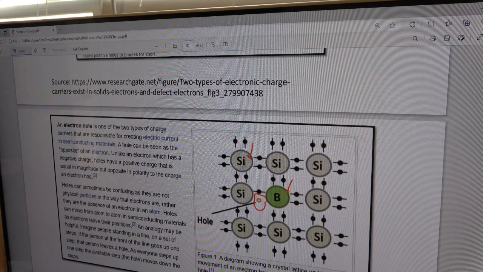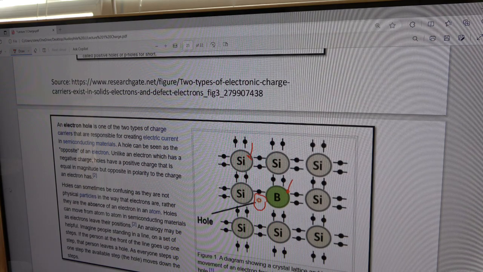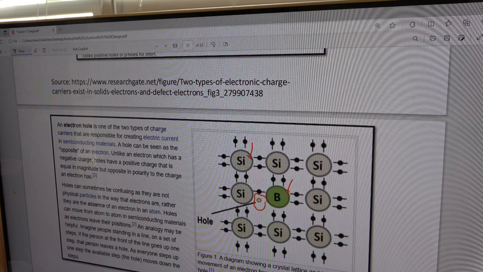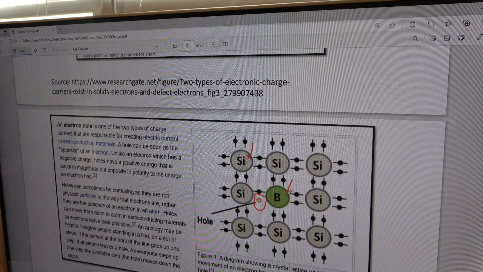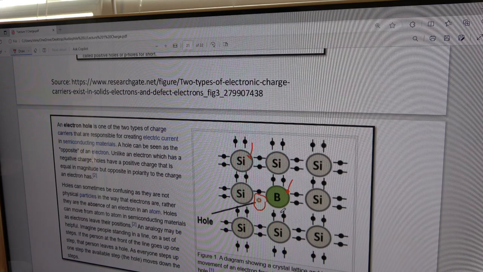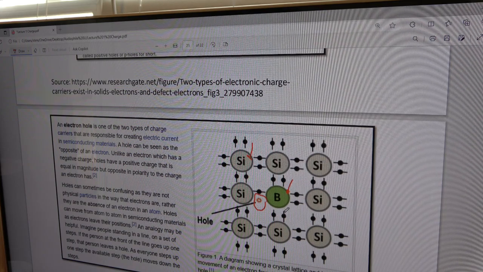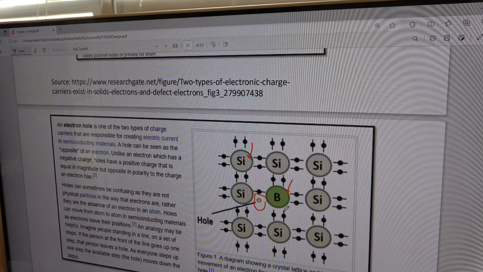So remember, with copper, we had this valence electron, this extra electron hanging out, waiting to be popped off. But in this matrix of atoms, because of this doping, we have a vacant space. Instead of having an extra electron, we have a vacant space called a hole. And that hole is ready to be filled by other electrons in motion.